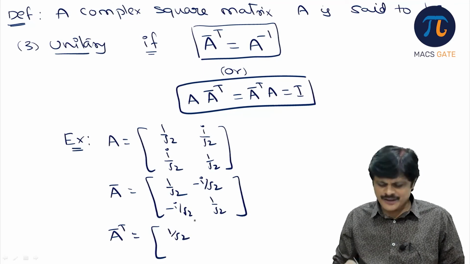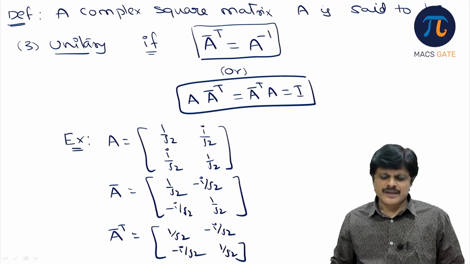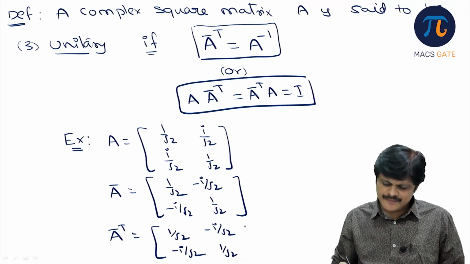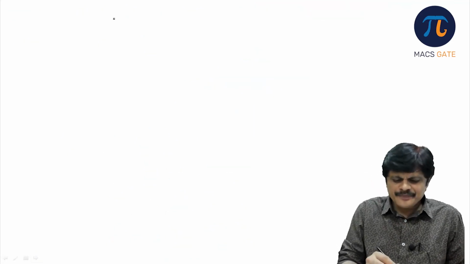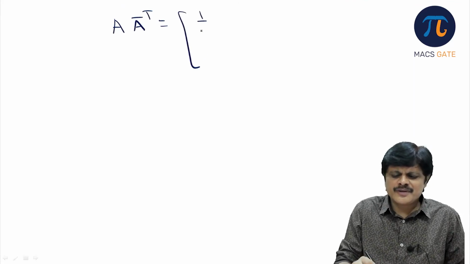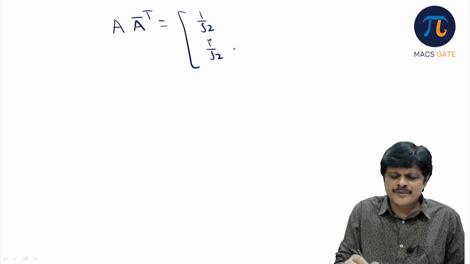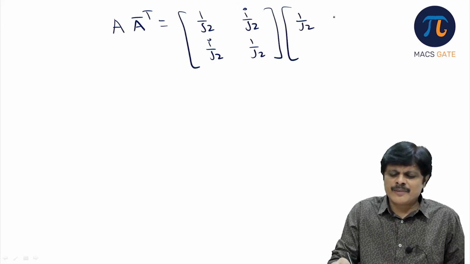It is the same only. 1 by root 2, minus i by root 2, minus i by root 2, 1 by root 2. Okay, sorry. What I want you to do is just multiply these two matrices: A multiplied with A conjugate transpose. 1 by root 2, i by root 2, i by root 2, 1 by root 2, multiplied with the conjugate transpose 1 by root 2, minus i by root 2, minus i by root 2, 1 by root 2.